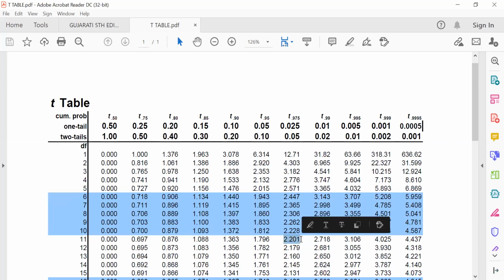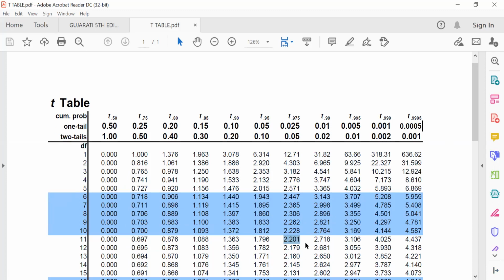We get 2.201. We have a sample of 13 minus 2 parameters, that means the degree of freedom is 11.